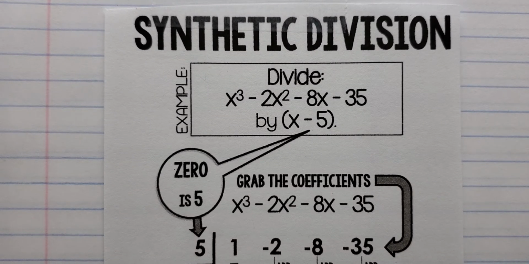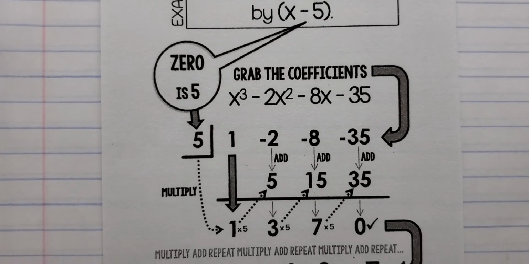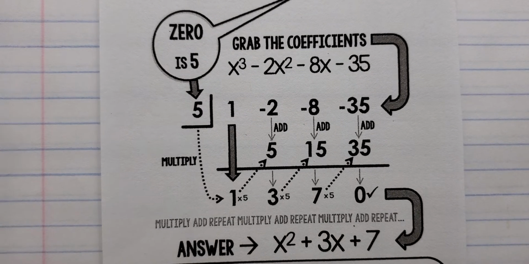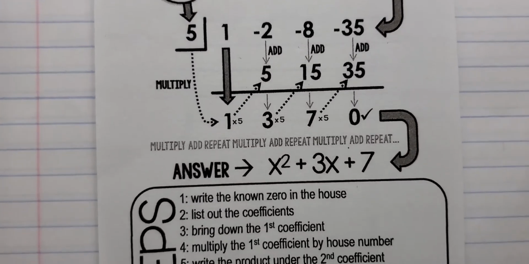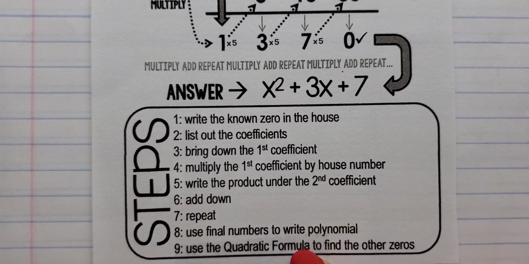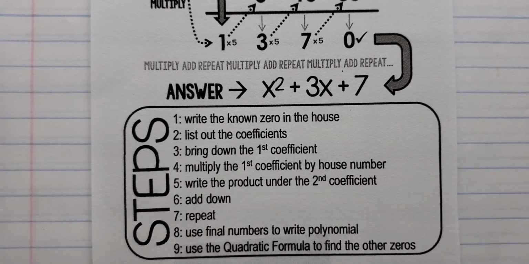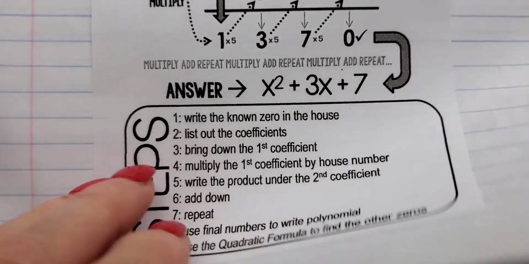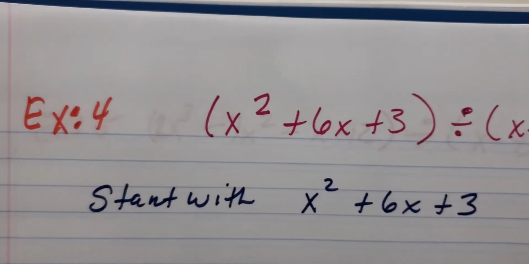So if you want to cut it and paste it in your notes or have it handy, this will help explain what I'm about to do, okay? And again, here are those steps, but they're written just a little quicker and shorter. So I'll give you guys this PDF. Okay, so I think we're ready to try one.